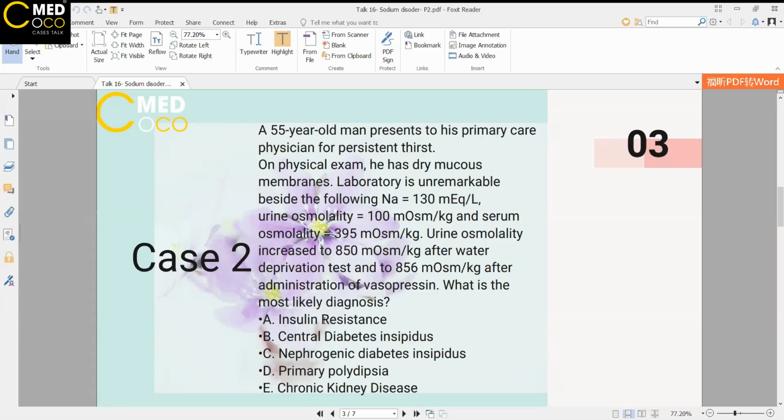What happened after you administer the water deprivation test and the urine osmolarity goes up?